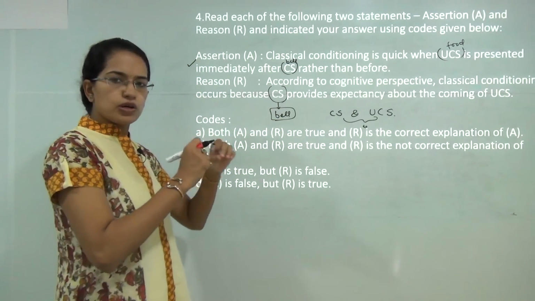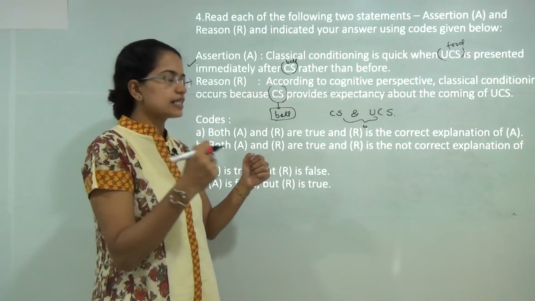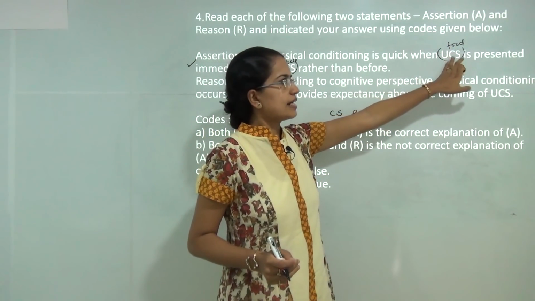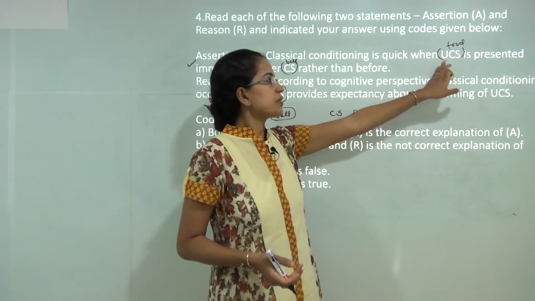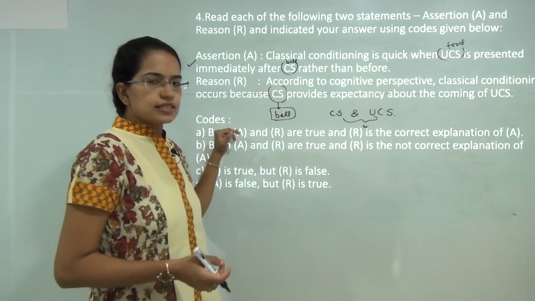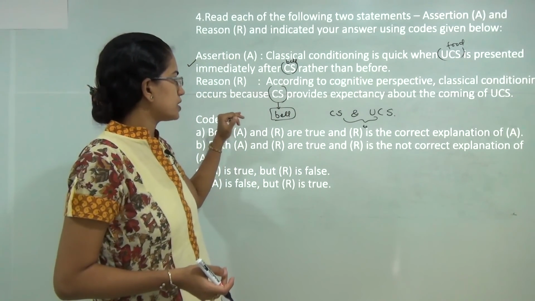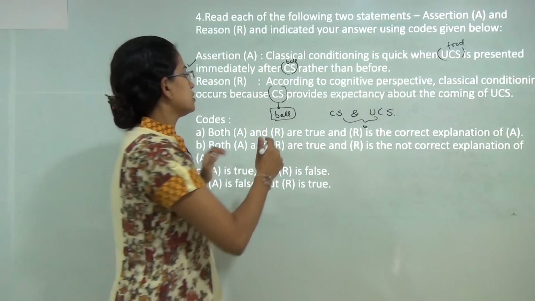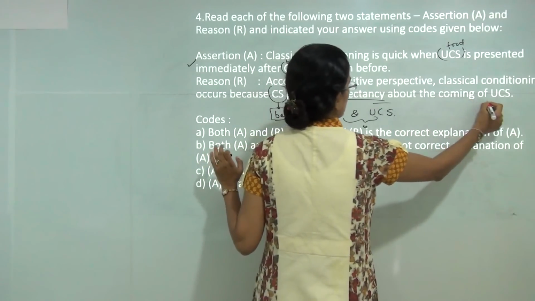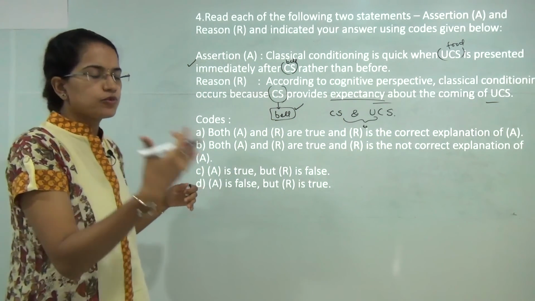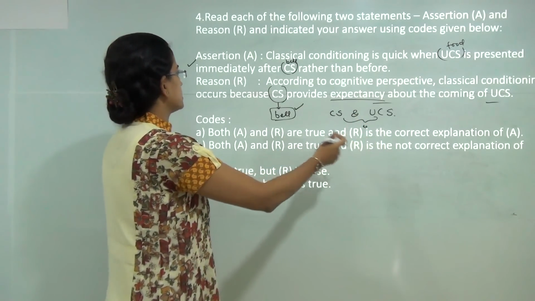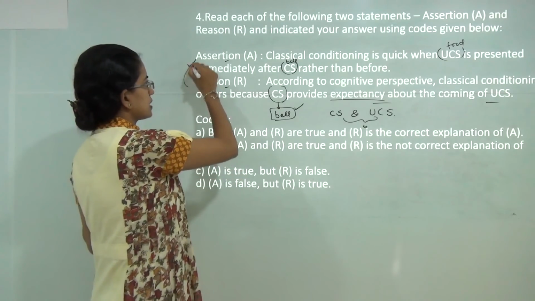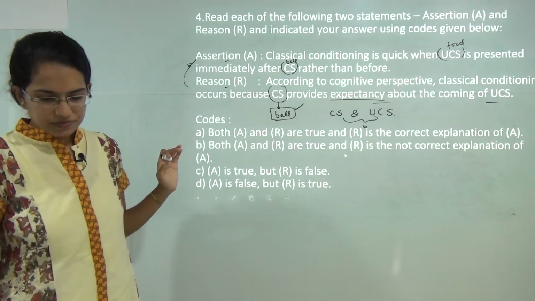He had a door that used to make a quacking sound, and that sound prompted the dog that he is about to be given food. With that sound of the door, Pavlov was able to understand that a bell, if provided, would correlate nicely with this. So the bell would provide an expectancy of the upcoming food, or the upcoming unconditioned stimulus. So both the assertion and reason are correct, and the reason correctly explains the assertion.